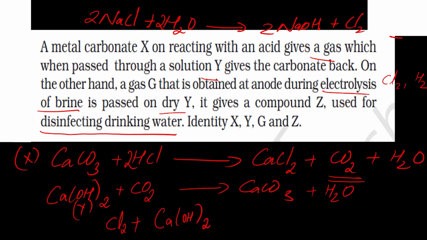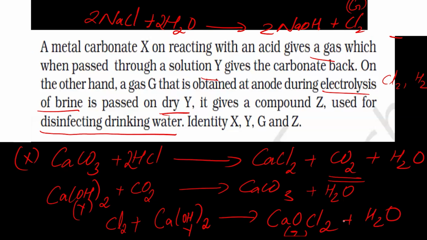Y is the slaked lime, and chlorine is the G. You will be getting CaOCl2, this is Z, plus water.